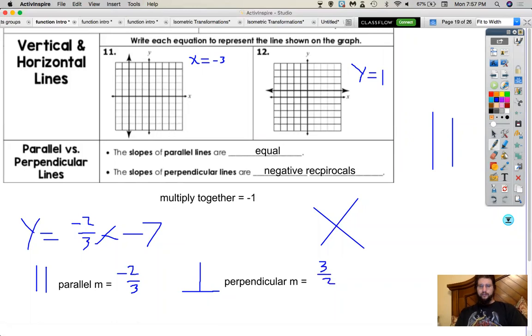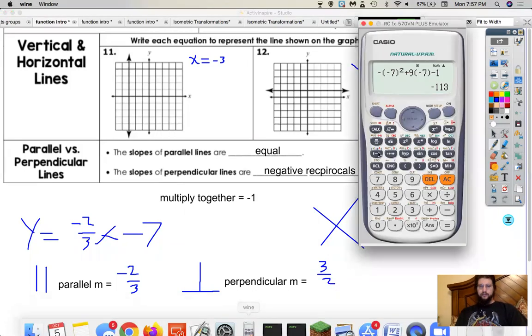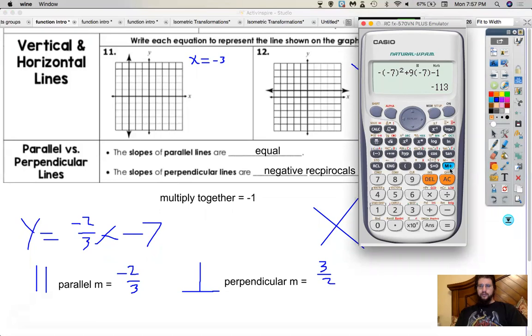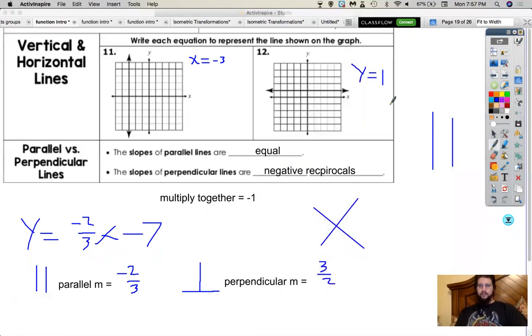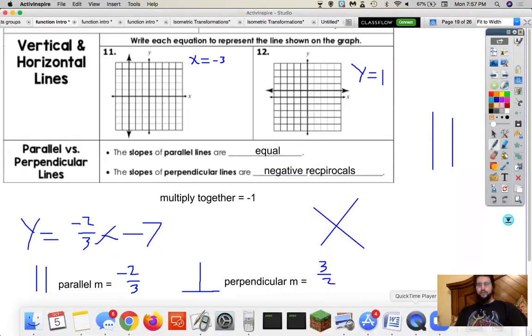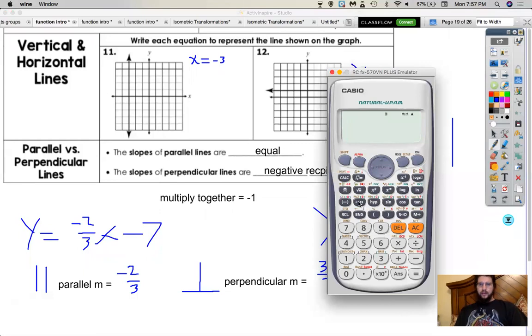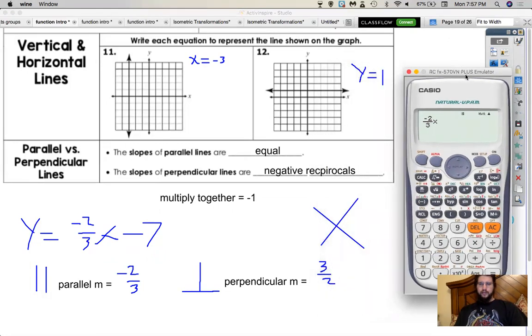And you can check. Take your calculator. Clear this. Negative 2/3 times, what did I say? 3/2.